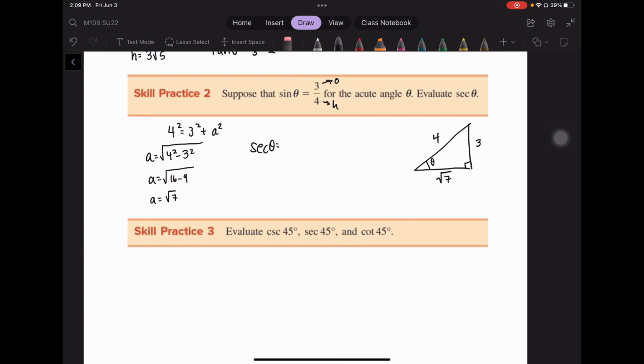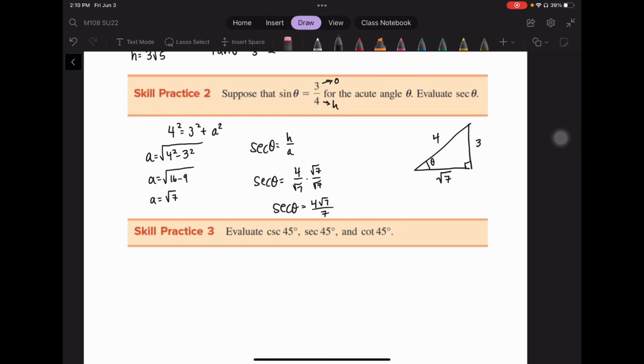The secant of theta is the reciprocal of cosine, which is adjacent over hypotenuse, so it's going to be hypotenuse over adjacent, which is 4 over root 7. We always rationalize that denominator, and we get 4 root 7 over 7.